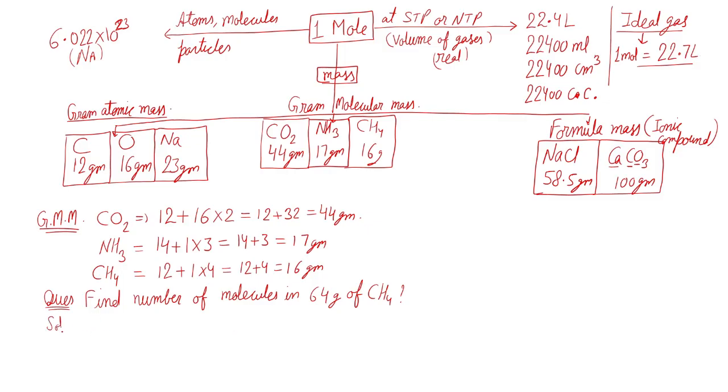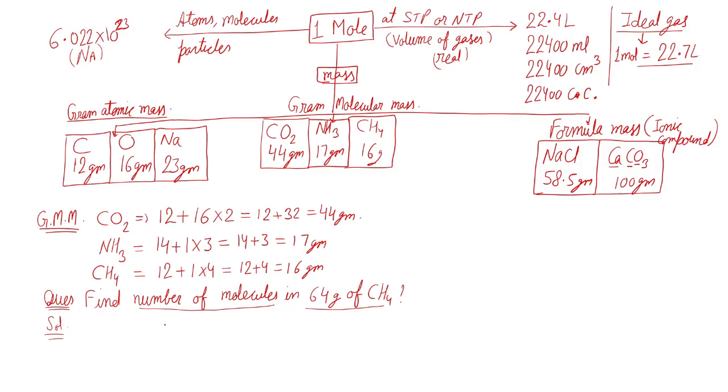Now how will you solve this? Take a look here. Always remember that we are going to use simply ratio and proportion. In that ratio and proportion, we always use first the left side value from this mole concept. There will always be two values: one will be given and one that we have to find. Here, the number of molecules we have to find and the mass of methane is given to us.